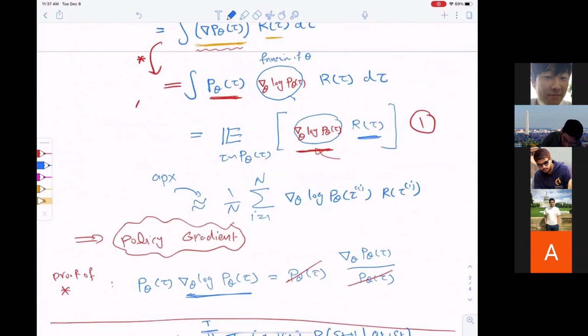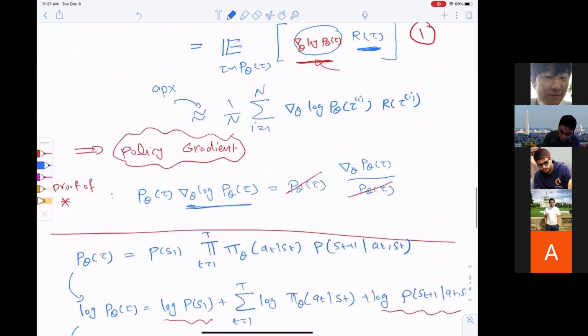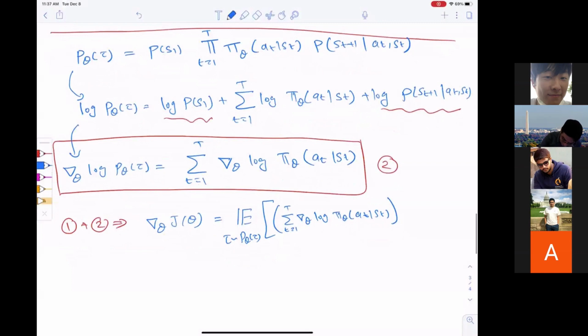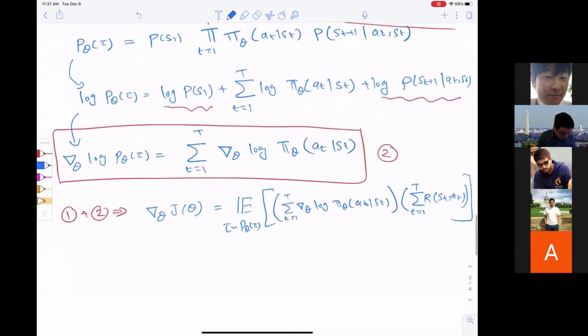Times the reward, which is again the sum of the rewards that we get in different pairs. So I'll also write that as a summation over t from 1 to T of R, S_t, and A_t. And that's it. That's the objective function. That's the gradient that we have.